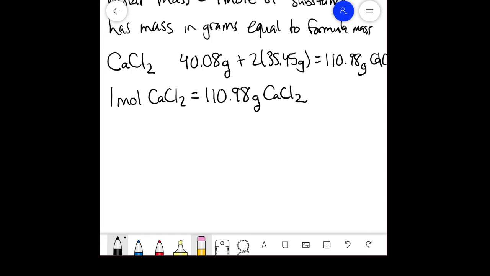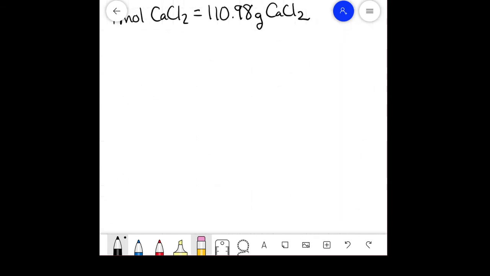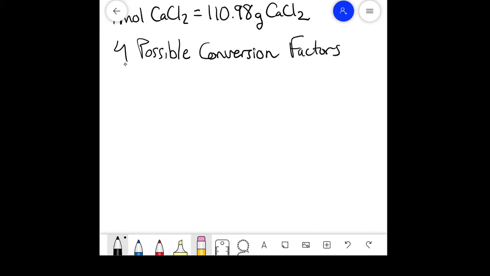So there are 4 kind of possible conversions you could have with moles. And these are important to know. You've probably been using them already.